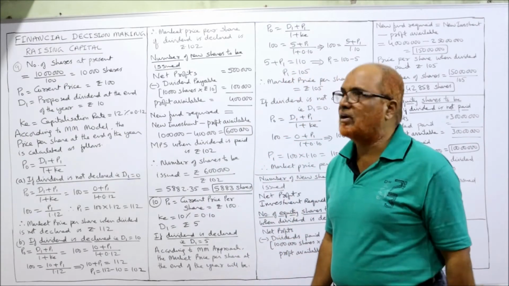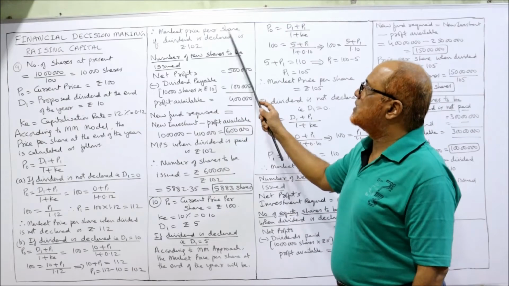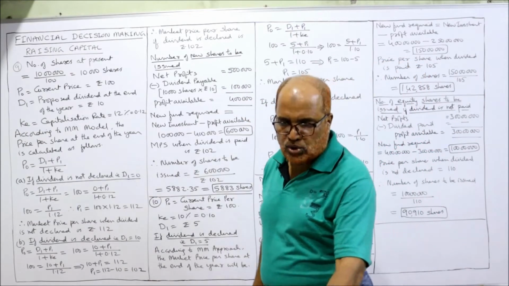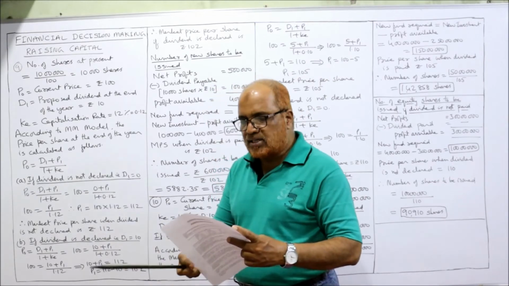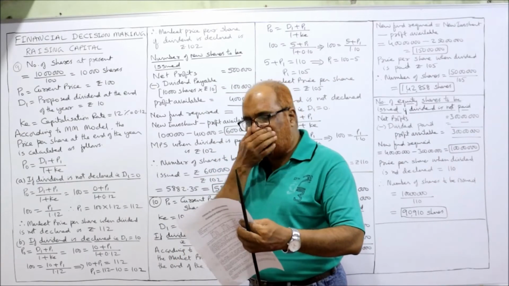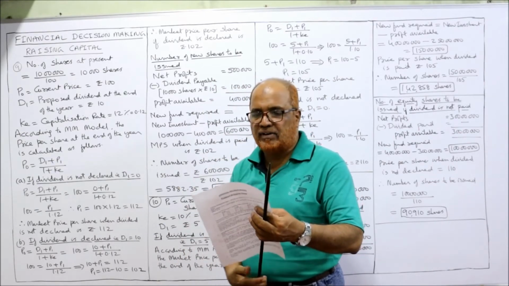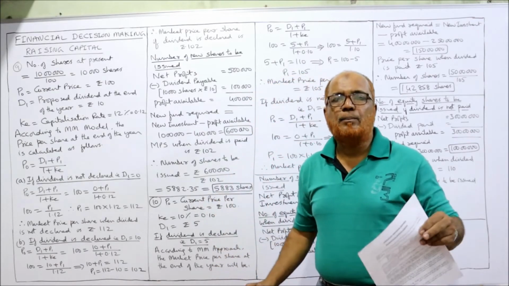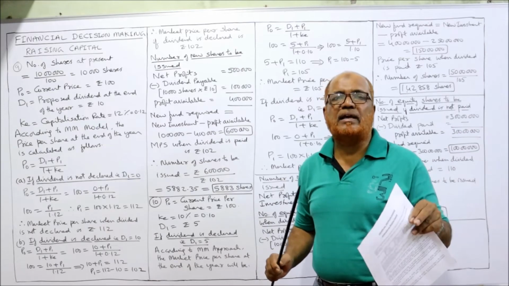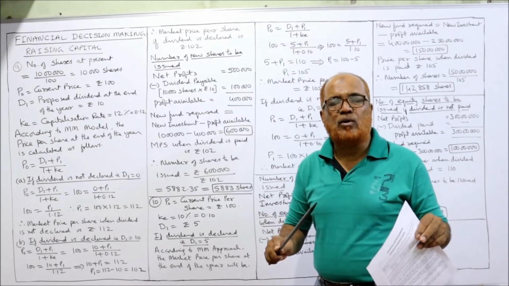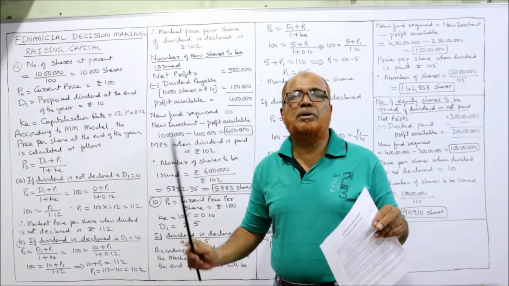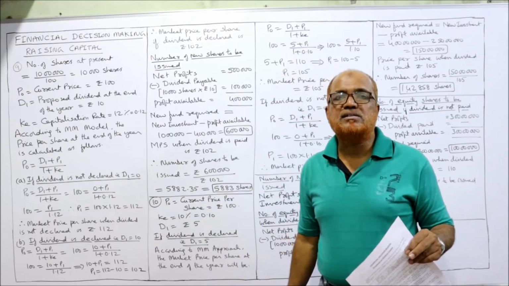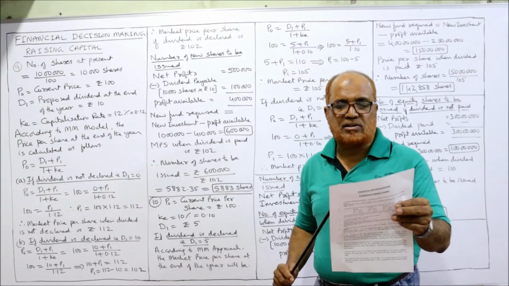So the first question we have completed. The market price per share when dividend is declared is 102. Now the second question. It is asking, assuming that the company pays the dividend, the company has paid the dividend and has net profit of rupees 5 lakh. From this 5 lakh rupees, dividend has to be paid, and after dividend, how much profit is available? We will calculate.